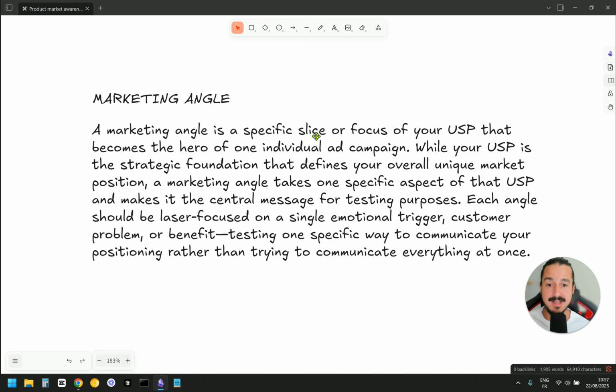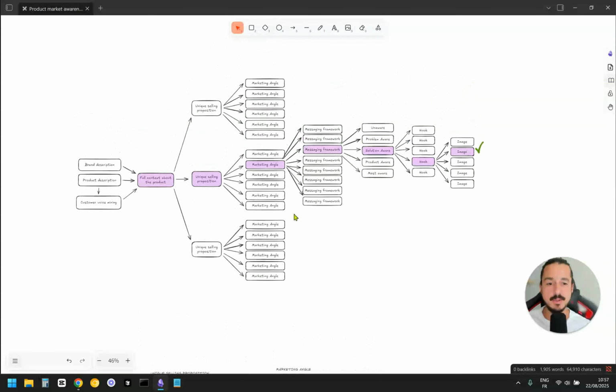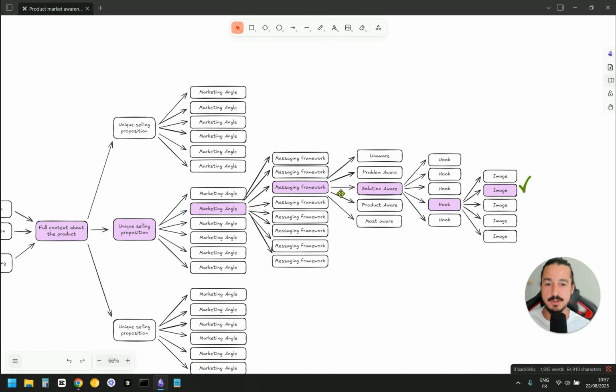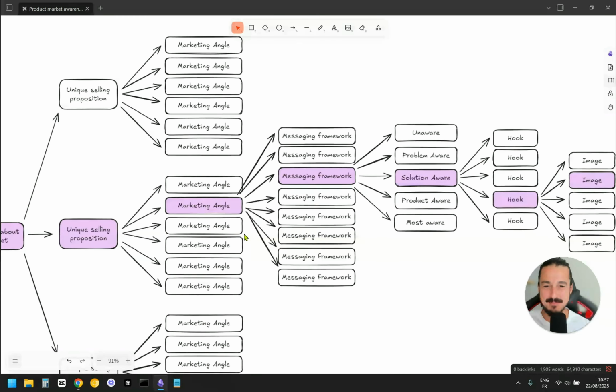Each angle should be laser focused on a single emotional trigger, customer problem, or benefit, testing one specific way to communicate positioning rather than trying to communicate everything at once. I hope it's clear. Sorry for my reading in English, that is not the best, but I guess you understood.